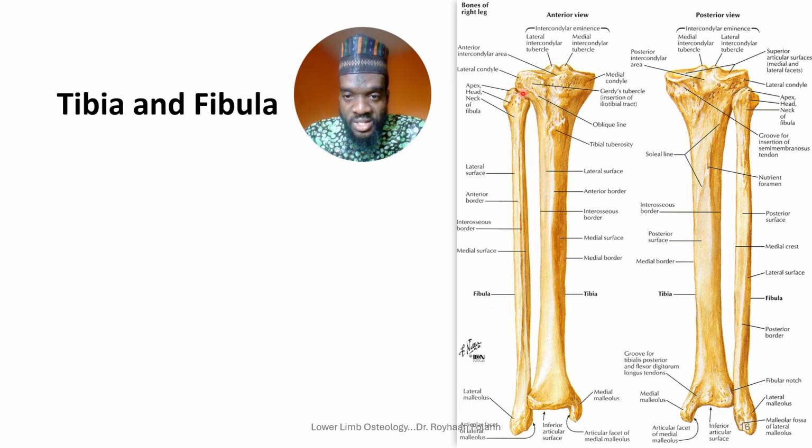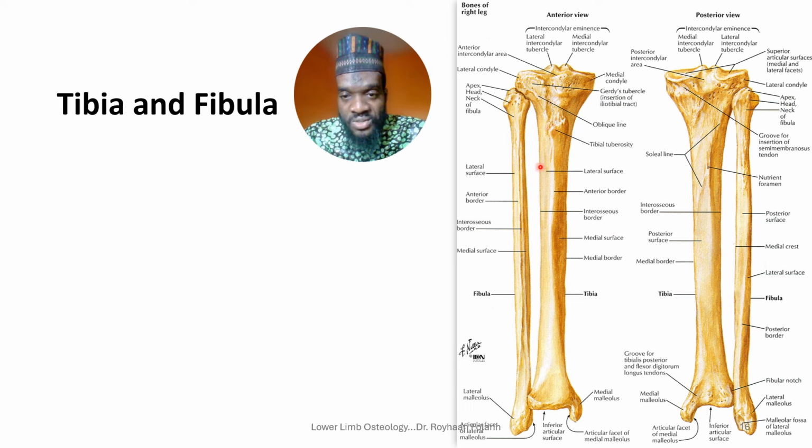That's where you have the iliotibial tract inserting. And here, let's come a little more. You have a tuberosity here, and that's known as the tibial tuberosity. We also have a line on the lateral part of the proximal end, known as the oblique line of the tibia.